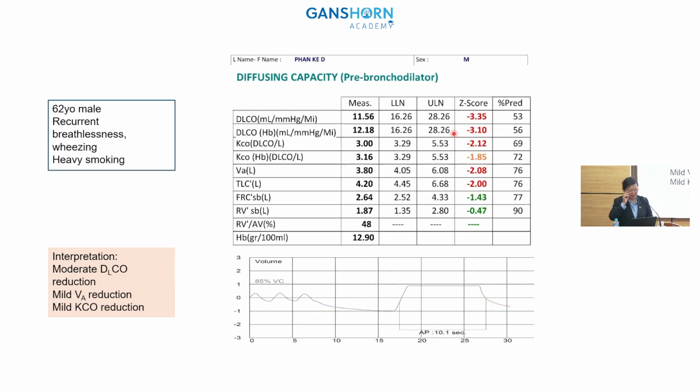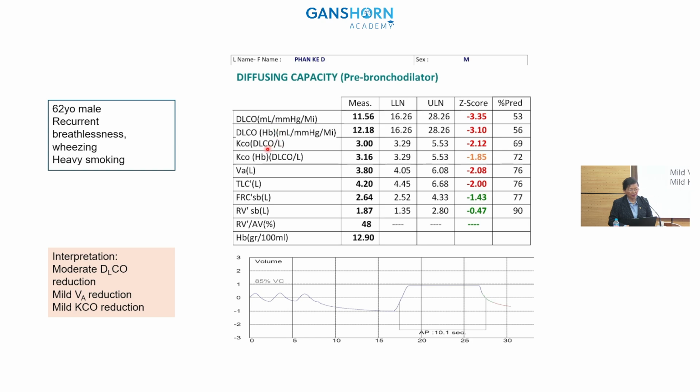And the DLCO is also very important in this patient, because if a COPD patient with airway obstruction is in combination with reduced diffusion capacity of the lung, the prognosis will be very poor. And we see here the DLCO.